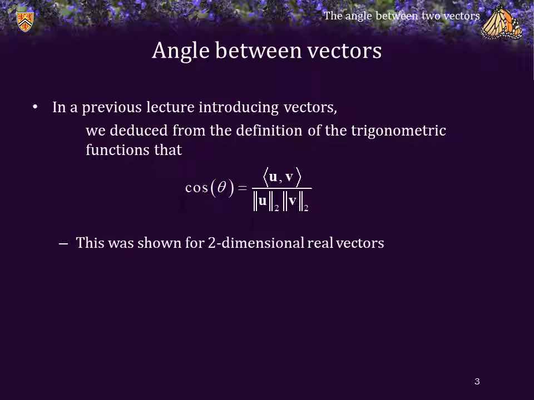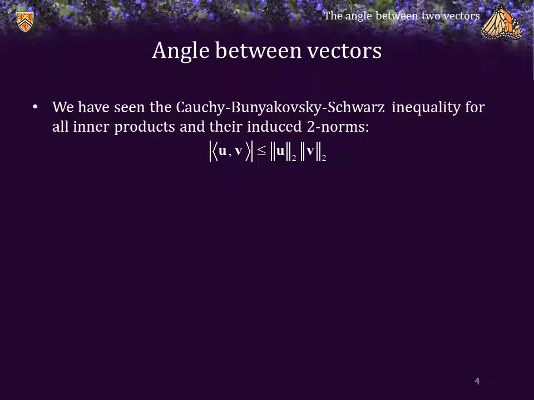We actually showed that this was true for two-dimensional real vectors. Now, we have seen the Cauchy-Bunyakovsky-Schwarz inequality for all inner products and their induced 2 norms, and we know that this is now true.